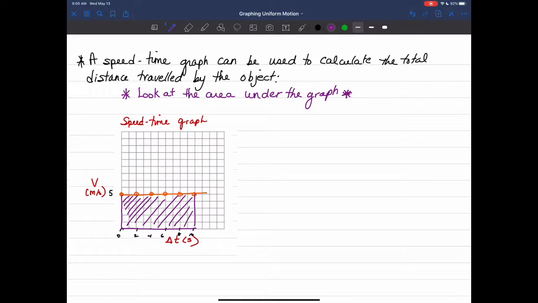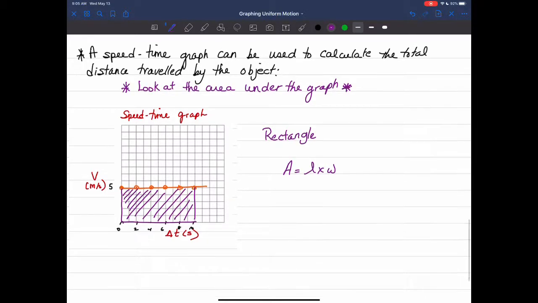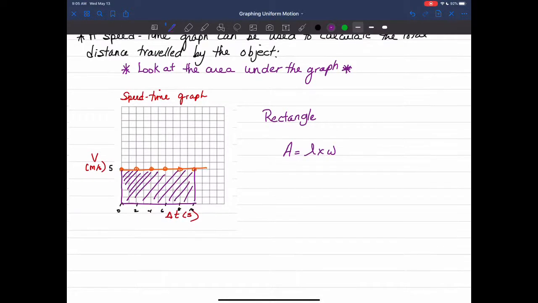And so really, we're dealing with a rectangle. And so the area of a rectangle is just the length times the width, right? So what is the length of the graph? So the length is 10 seconds. So it's running those 10 seconds.